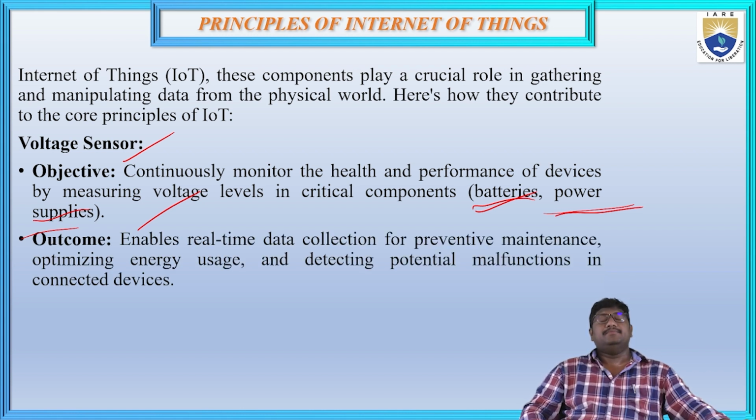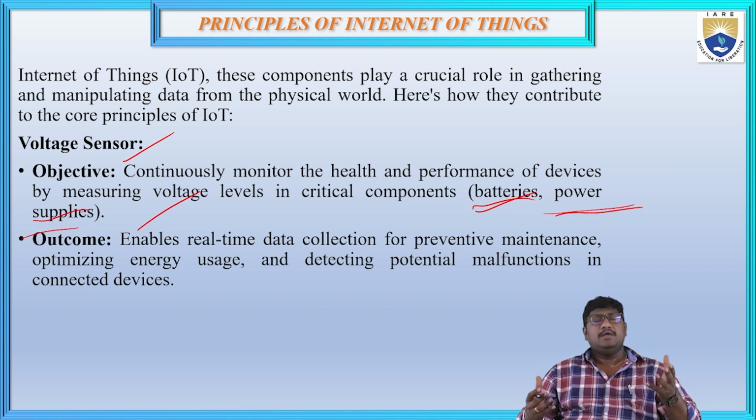What was the outcome? The outcome of this voltage sensor is that we are going to enable real-time data collection for preventive maintenance, as well as optimizing the energy usage, and also detecting potential malfunctions in connected devices. As I told you, in principles of Internet of Things, a lot of objects are connected to the Internet.